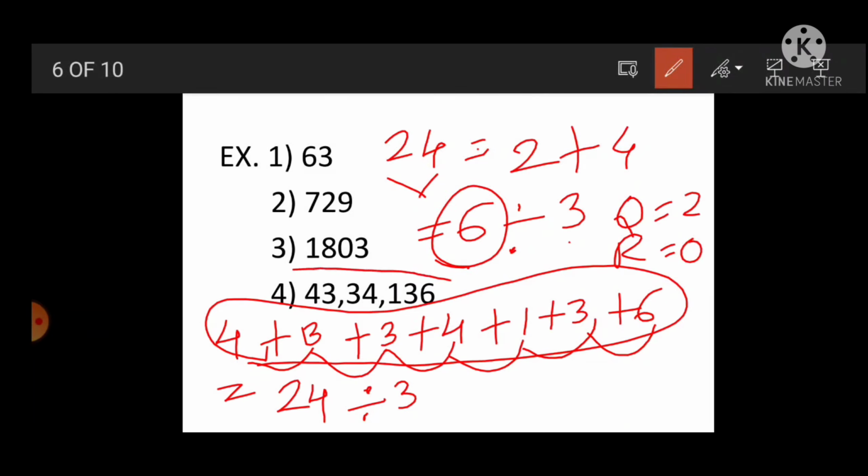So this number 43,34,136 is divisible by 3. See students, how quickly we are telling now instead of carrying out the longer division. So be careful about this and try to clear your concepts. Okay, then see the next example.